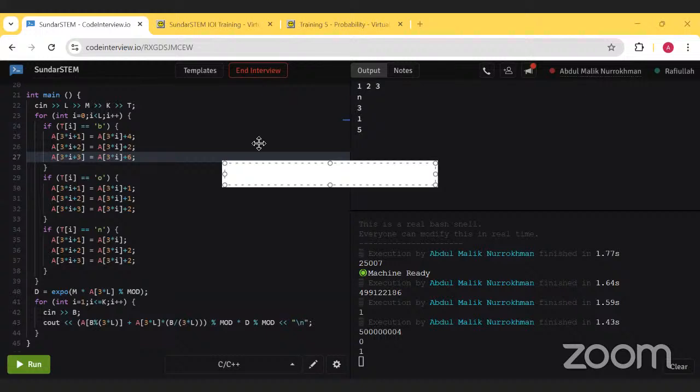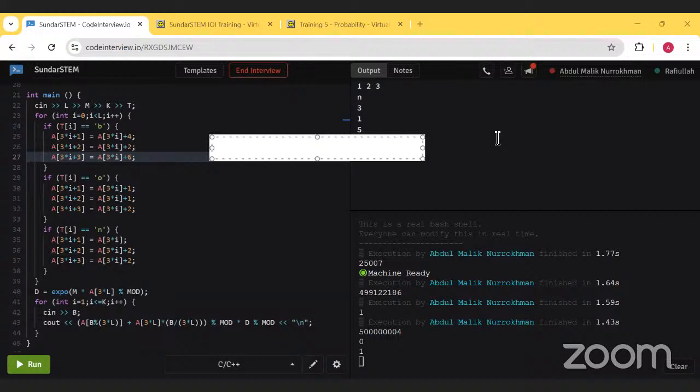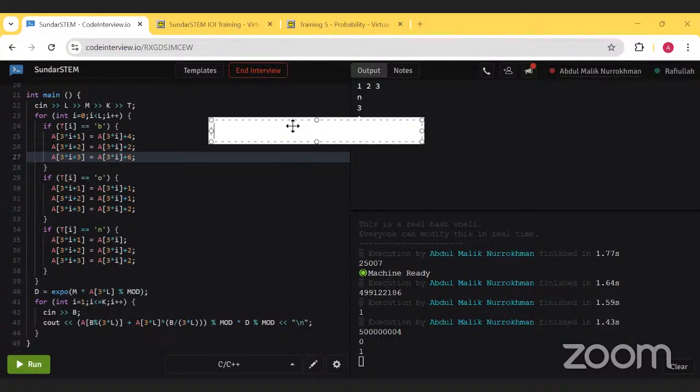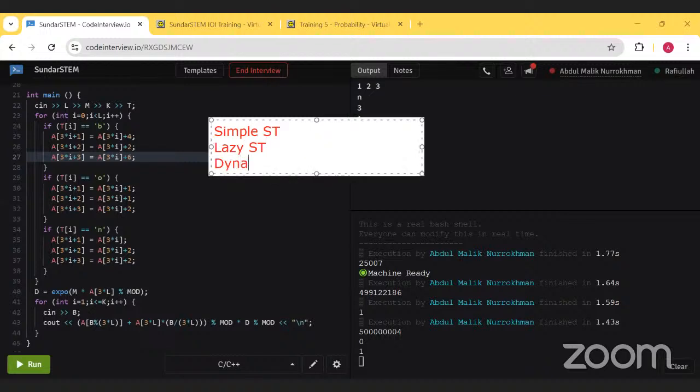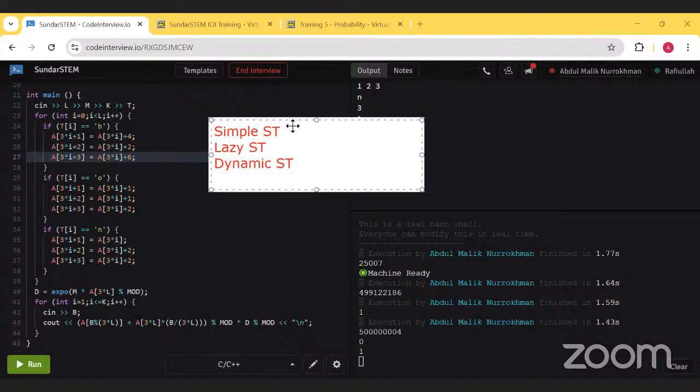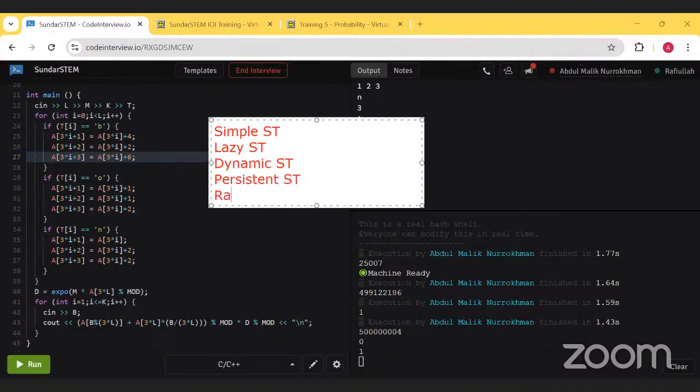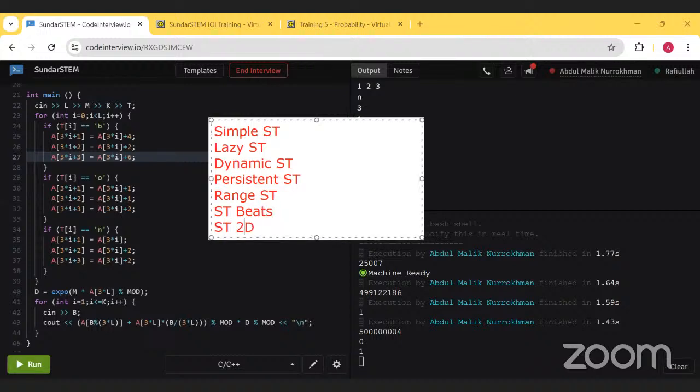And the segment tree itself has some modification, like let's say a simple segment tree or lazy segment tree, and then there is also dynamic segment tree, and then persistent segment tree, and there is also range segment tree, and then segment tree bits, and then two-dimensional segment tree, and there are still many other modifications.